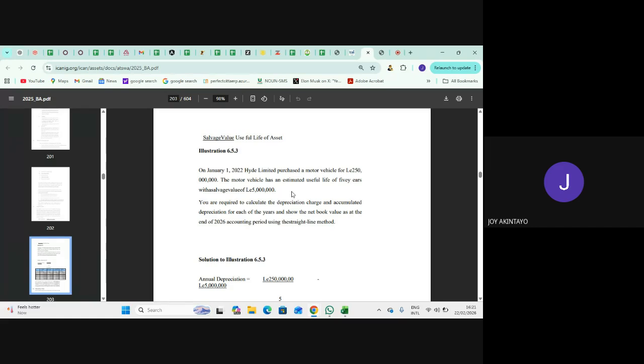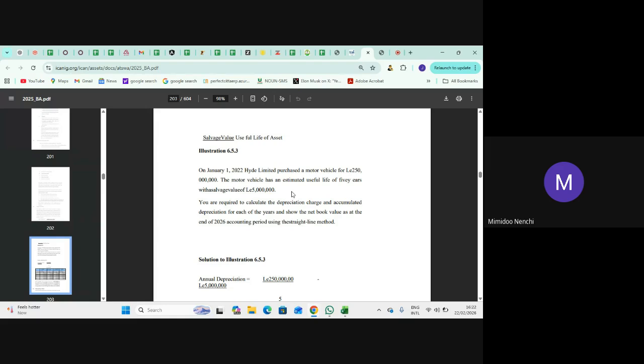Can you read the question from your side? On January 1st, 2022, Hyde Limited purchased the motor vehicle for 250 million.